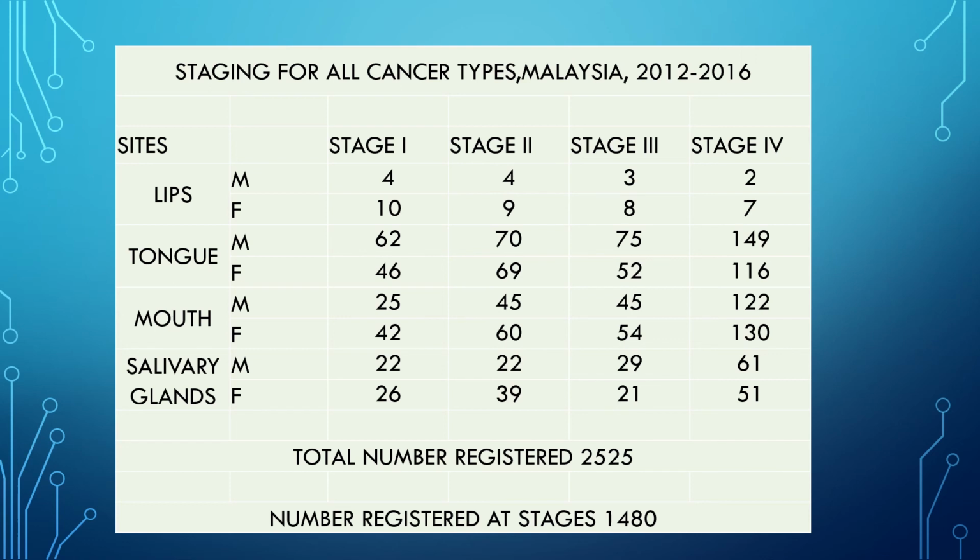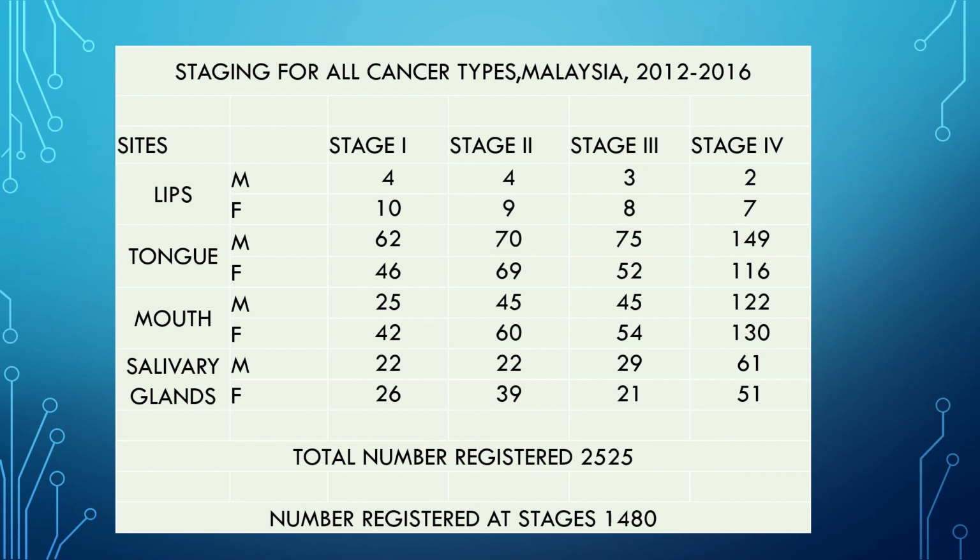For regions other than the lips and the tongue, we consider it as mouth cancer. This includes all the epithelium of the mouth, buccal and lingual epitheliums. For males, the number of mouth cancers detected at stage 1 is about 25 cases. Stage 2 is 45 cases.